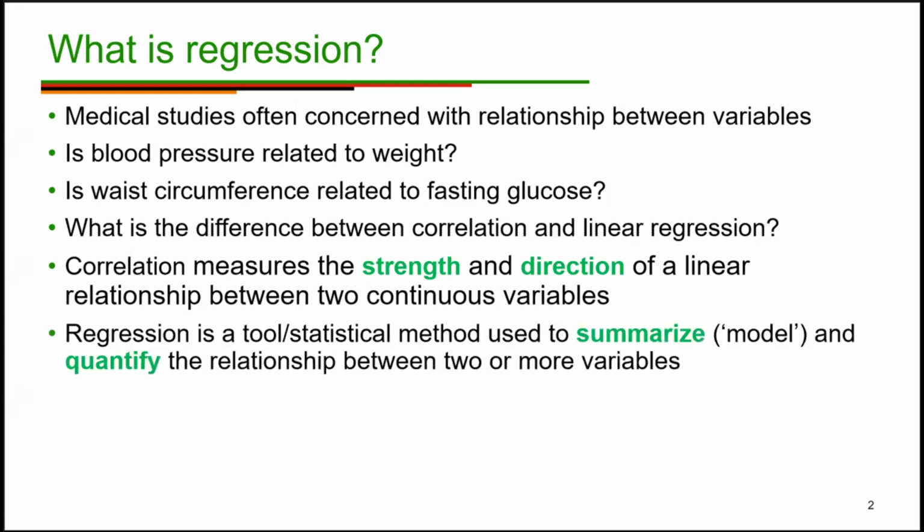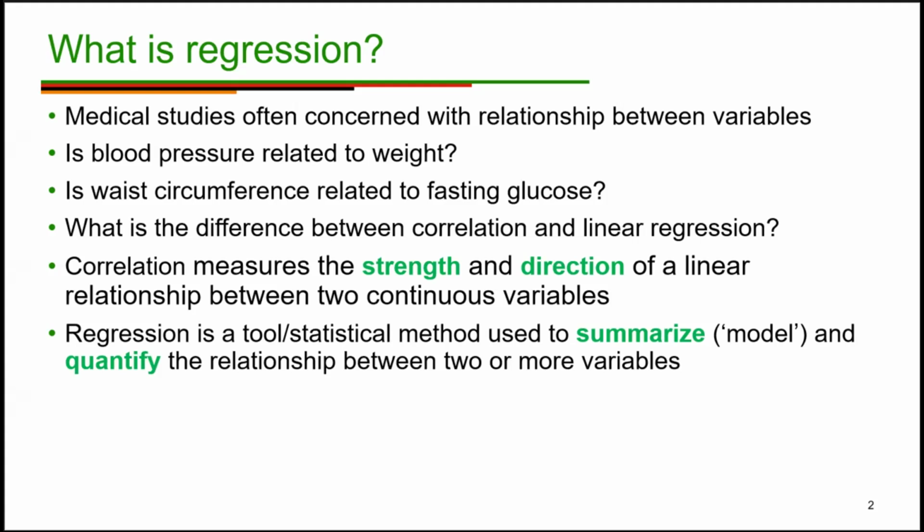But for regression, basically what you're trying to do is model or summarize and quantify this relationship. So correlation just tells you that when X increases, Y increases by this proportion, and it is in this direction. But you have to go a step further to actually understand that relationship.